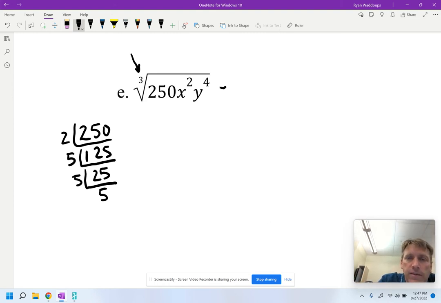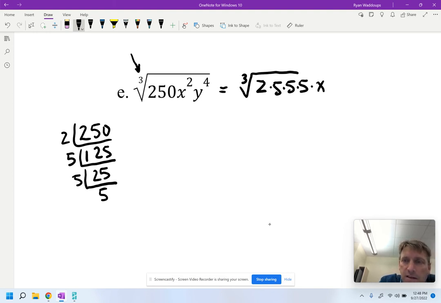And so then I can rewrite this cube root: the cube root of 2 times 5 times 5 times 5 times x times x times 4y, multiplied by itself 4 times. And this time we're going to circle groups of 3.